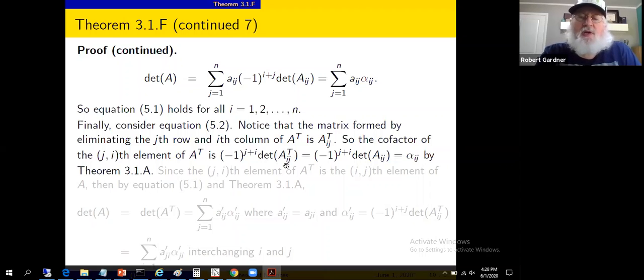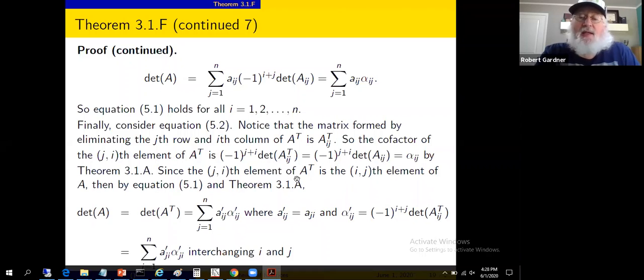What you know about determinants of transposes is they're the same as the determinants of the original matrices. That was the first thing we showed with this determinant stuff in Theorem 3.1.a. So we can take the transpose matrix and replace it with the original matrix itself. And now we've got negative 1 to the i plus j, determinant of A sub ij. That's exactly the cofactor alpha sub ij of matrix A. All right, so we're relating cofactors of A with cofactors of A transpose.